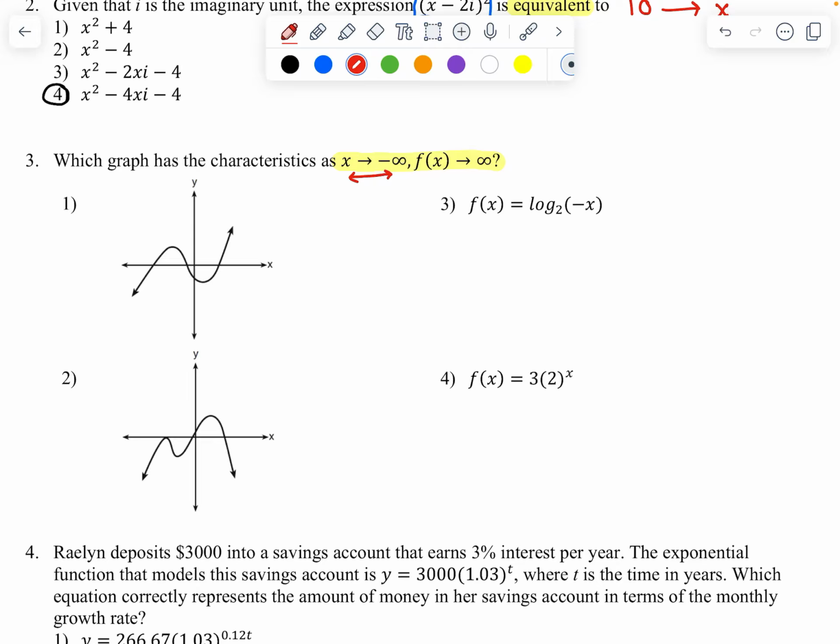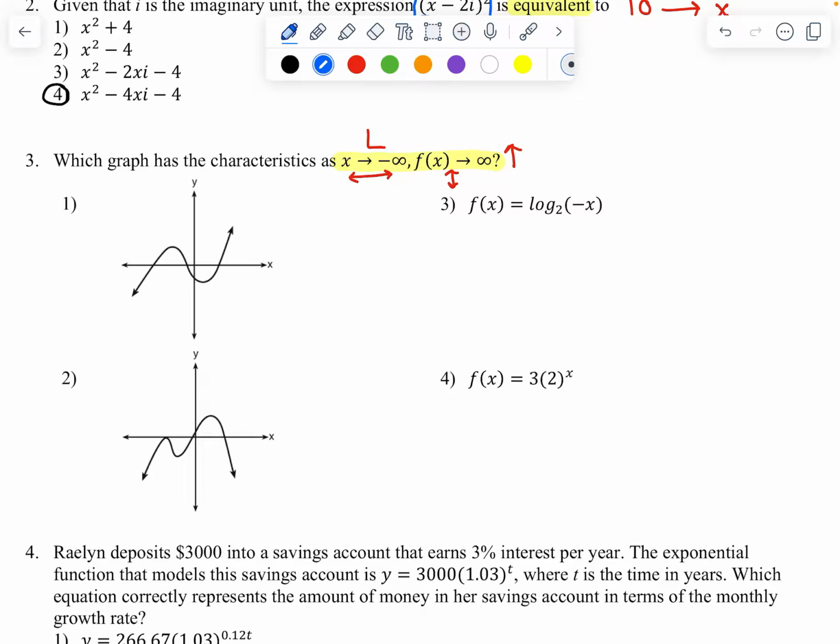And when you're talking about -infinity, that means left side. Now, f of x is really the same thing as y equals, which means that you're going up and down. So in this case, positive infinity means that we're going up. So we're looking to see which one, when you look to the left, you're going up.